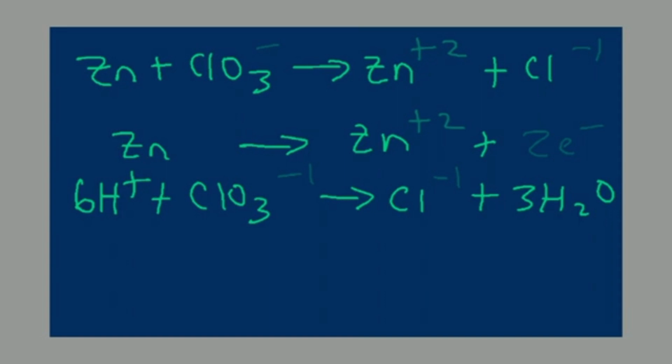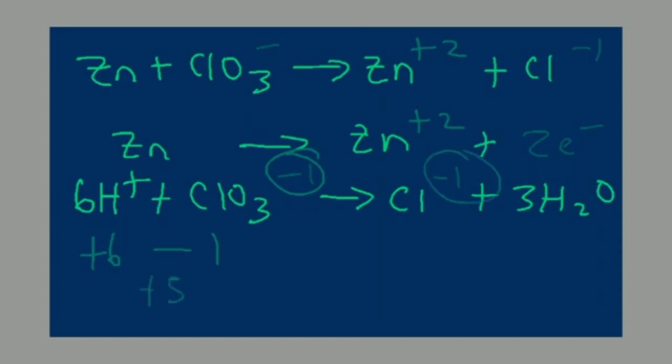What is the total charge on the left side? On the left side we have 6 H+ ions, so it's 6 times 1. So we have plus 6 from those ions, and we have a negative 1 charge from the chlorate. So the total charge on the left side is positive 5.